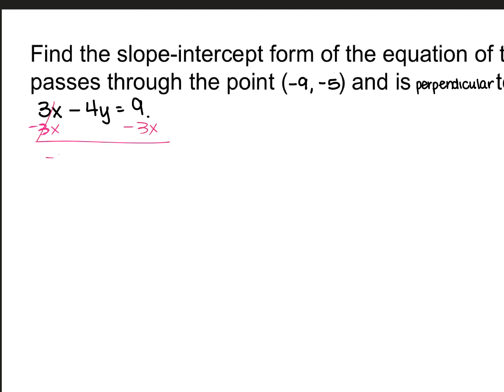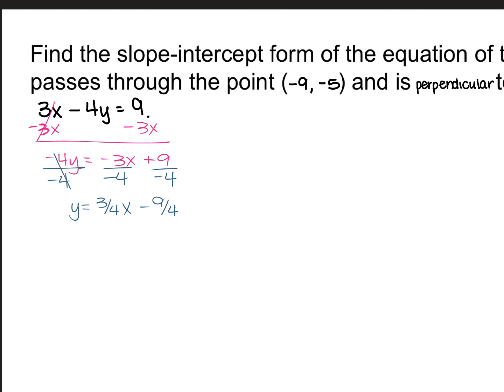This is going to give us negative 4y is equal to negative 3x plus 9. From here, we're going to divide each side by the negative 4. Remember, it's each term that gets divided by the negative 4. So that's y is equal to positive 3/4 x minus 9/4.